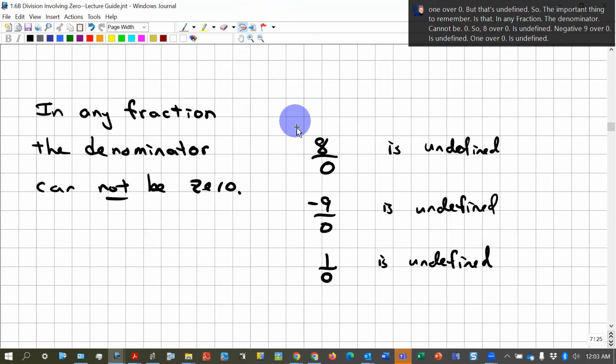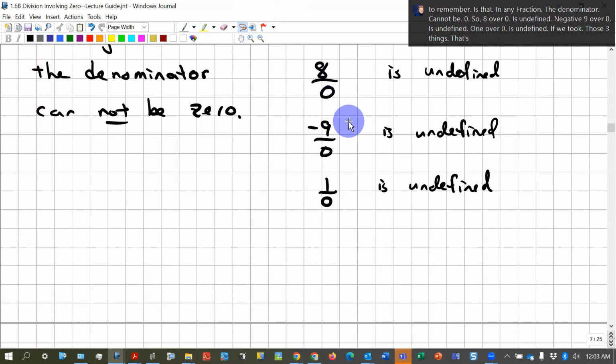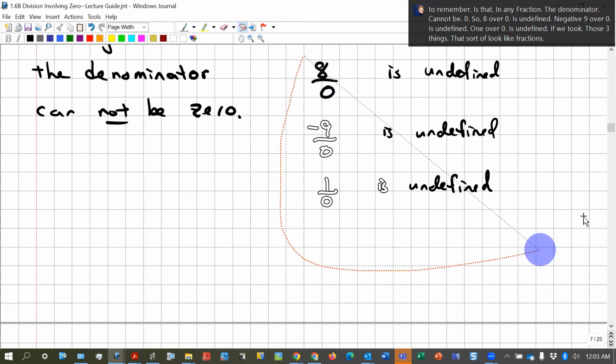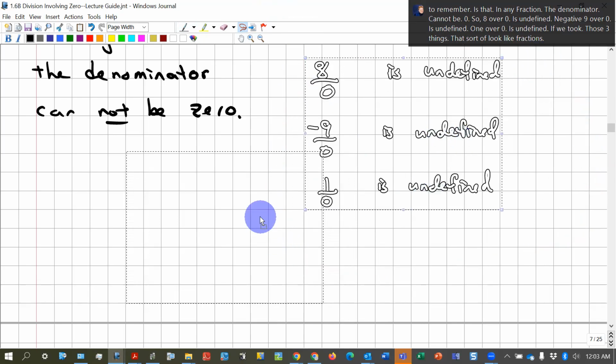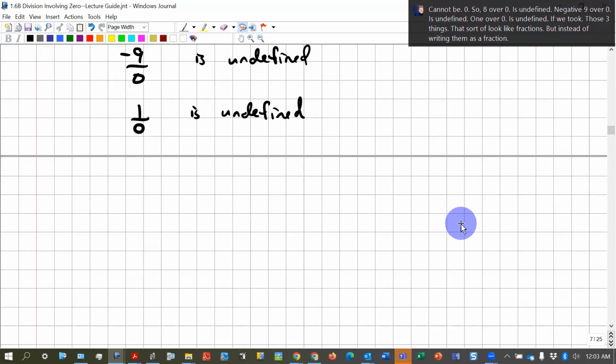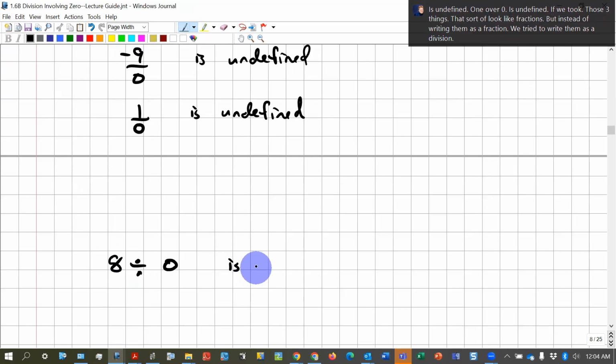If we took those three things that sort of look like fractions, but instead of writing them as a fraction, we tried to write them as a division, 8 divided by 0 is undefined.